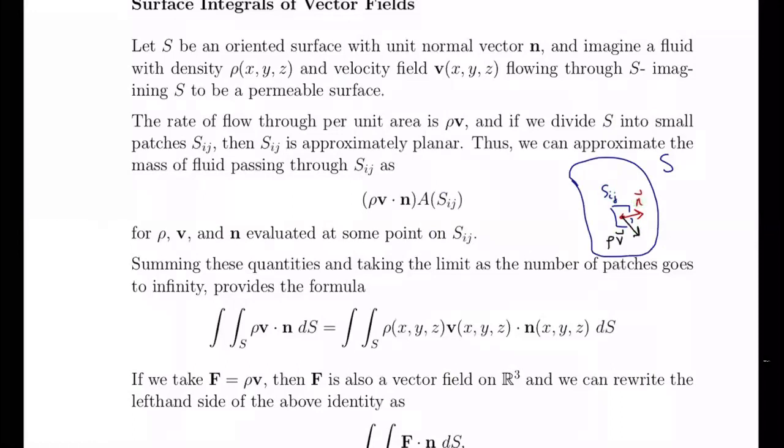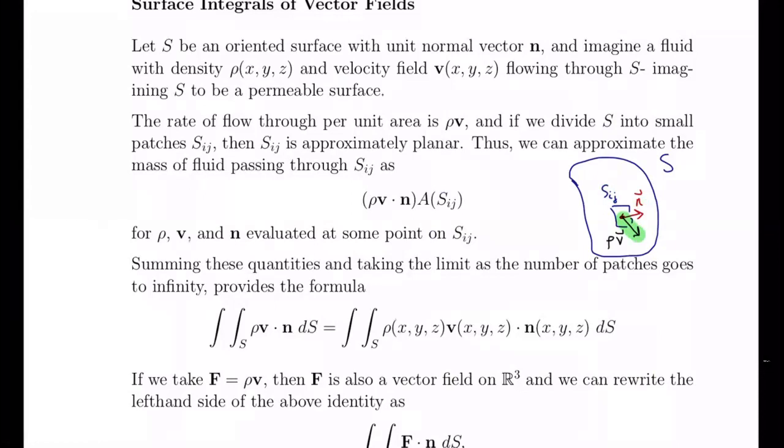And it has a normal vector n pointing outward from it. And then we talk about rho v, the flow per unit area of this fluid. So again, if we think about what rho density in x, y, z is, it's times v. We're going to lose a length component, so it's per squared area instead of per volume.